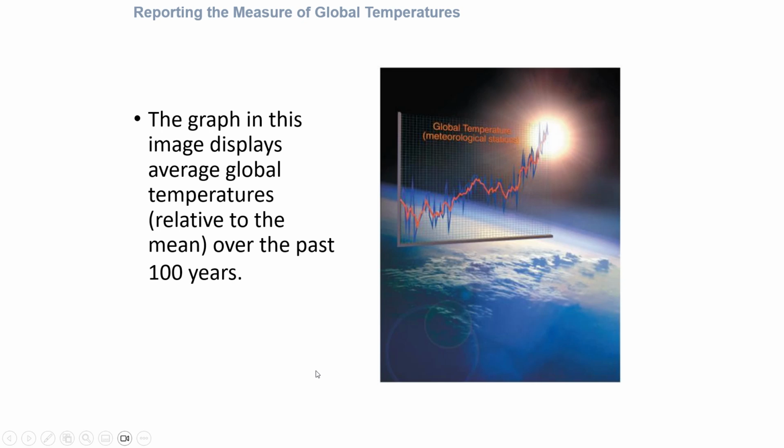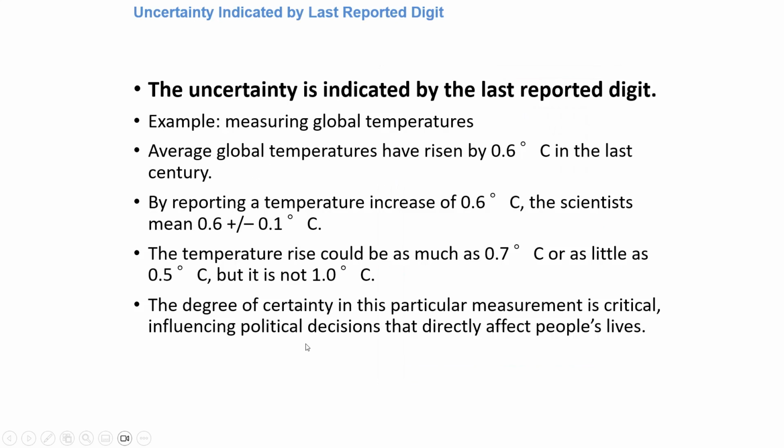This large graph on the image displays average global temperatures relative to the mean over the past 100 years. So you can see this graph and all the global temperatures rising. The uncertainty is indicated by the last reported digit. For example, the average global temperatures have risen by 0.6 degrees Celsius in the last century.